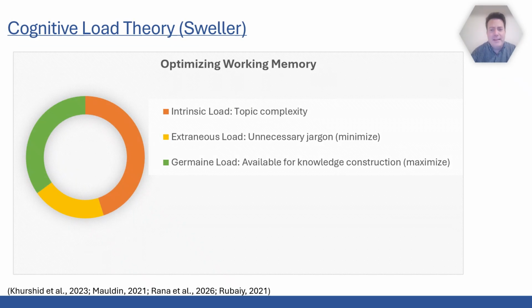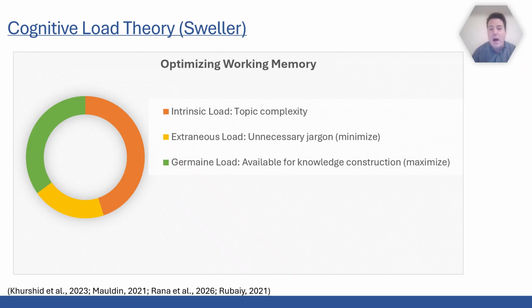A number of the studies in the literature review and others I looked at spoke to cognitive load theory by Sweller. Sweller demonstrated that students often struggle not because material is exceptionally difficult, but because it is presented in a way that often exceeds the processing limits of their working memory. He postulated that there are three types of cognitive load.